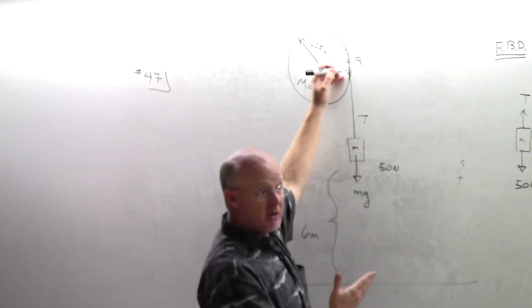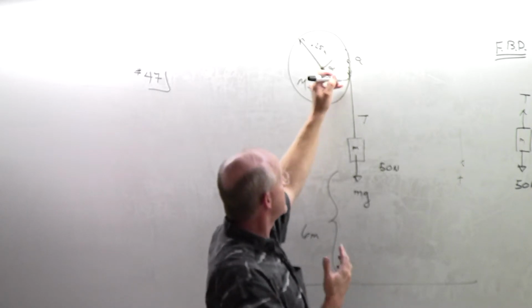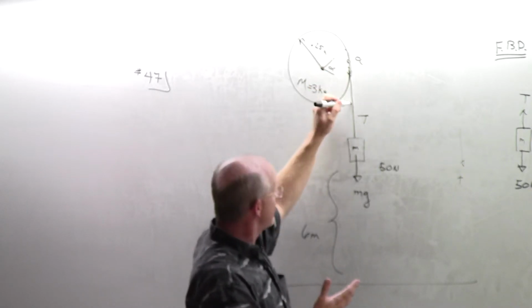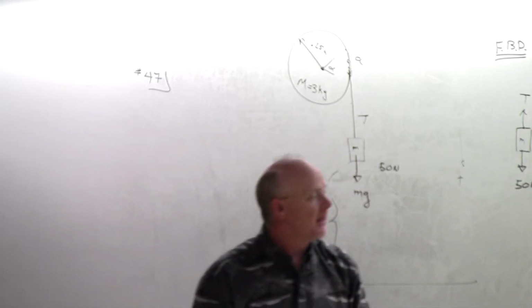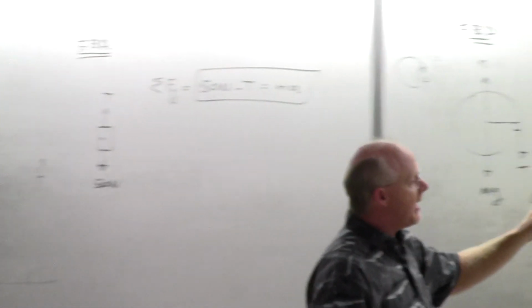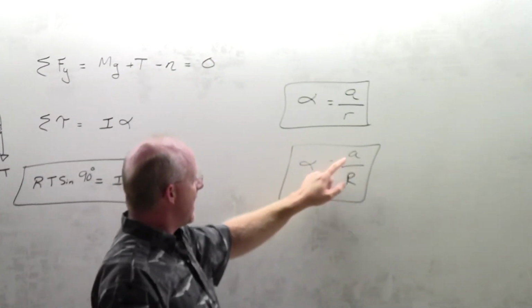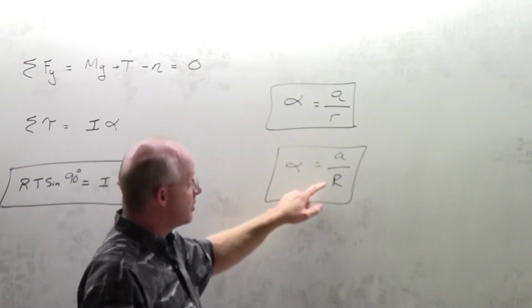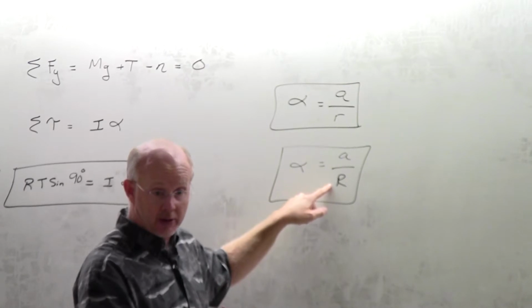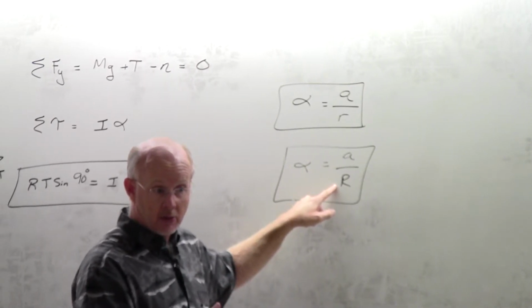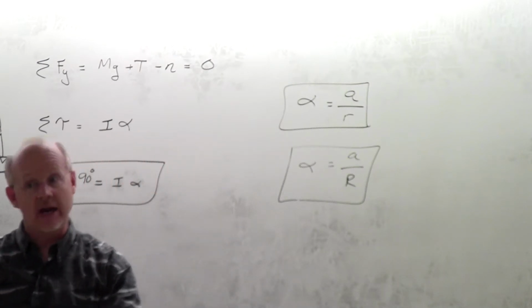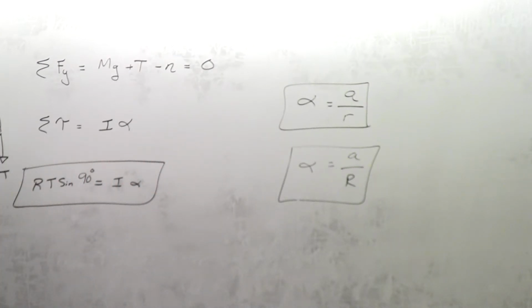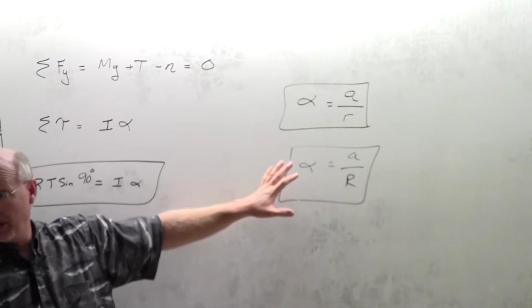So the acceleration of the point on the rim is the same as the string, and the acceleration of the string is the same as the little weight hanging from it. Okay, so yes, this a is connected to this alpha if I use the whole radius of the reel. That may or may not always be the case in every problem. So don't just blindly put them in and hope it works all the time.